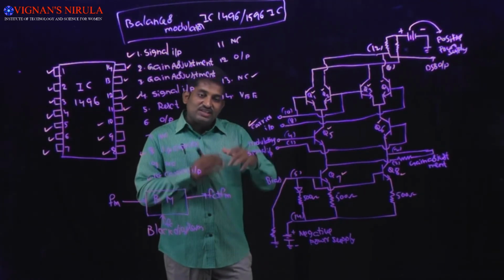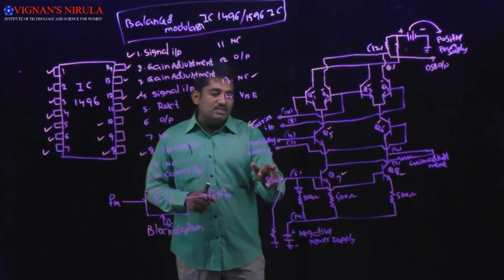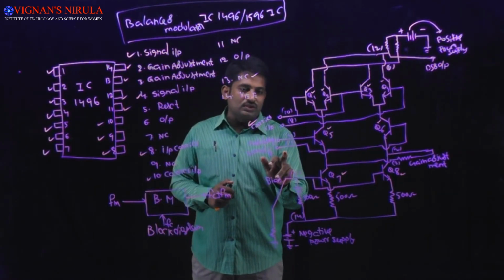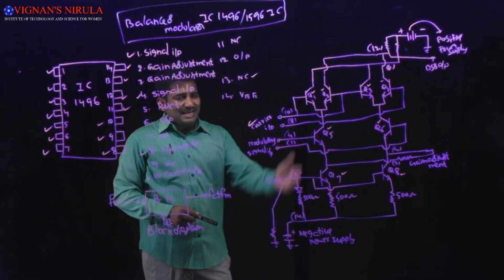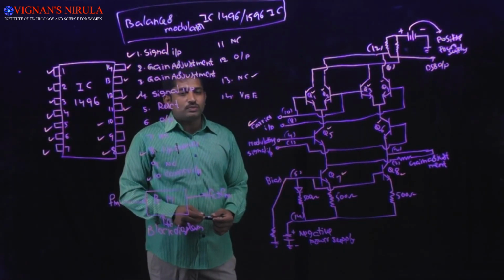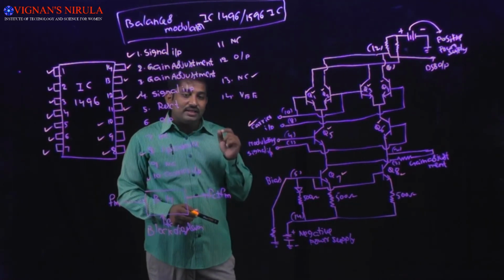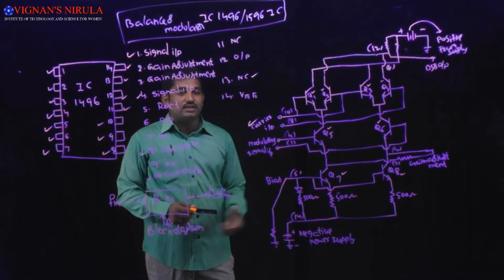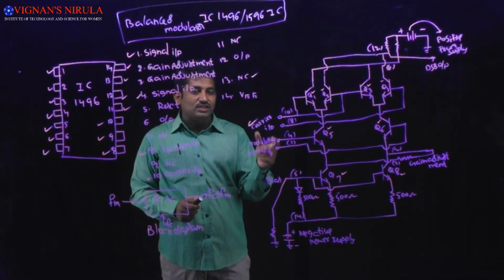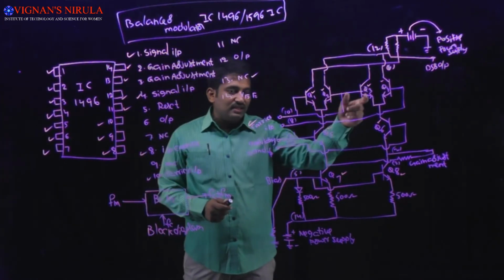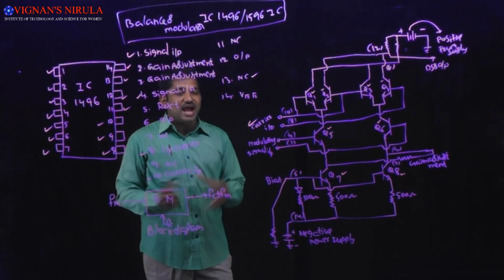But the variation of the current applied to the differential amplifier is because of the modulating signal present at the bases of the transistors Q5 and Q6. The currents produced by the transistors Q5 and Q6 are 180 degrees out of phase to each other. That means if the current produced by transistor Q5 increases, then the current produced by transistor Q6 decreases, and vice versa.